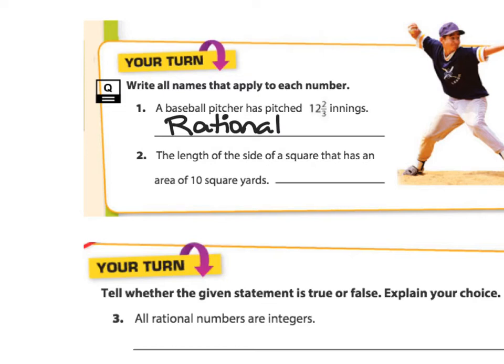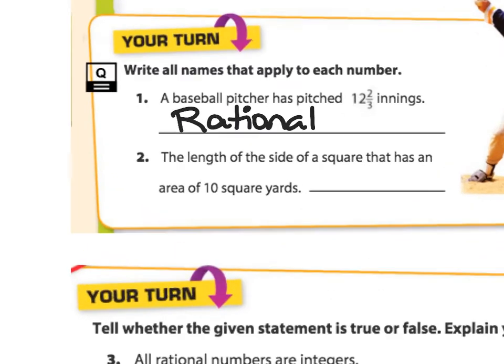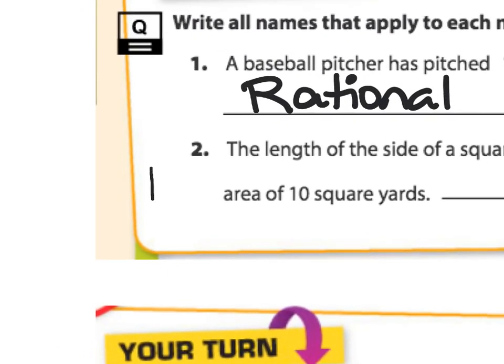The length of the side of a square that has an area of 10 square yards. Well, this is kind of fun. I'll make this a little larger here. So if we have an area of 10 square yards, remember a square has equal sides. So you've got an x and an x. The area of a square would be side times side.